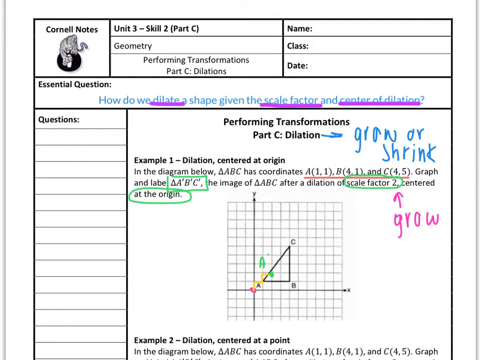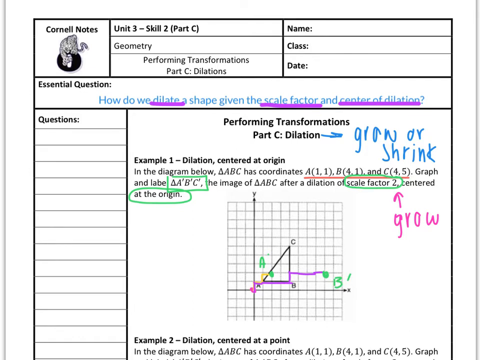All right. I'll show what I mean for point B. So right now, for me to get to point B, I have to walk up 1 and over 1, 2, 3, 4. Well, again, I'm going to double that, so I'm going to go up 1, over 1, 2, 3, 4. And I'm going to put a dot right there. That's going to be my new B prime spot.